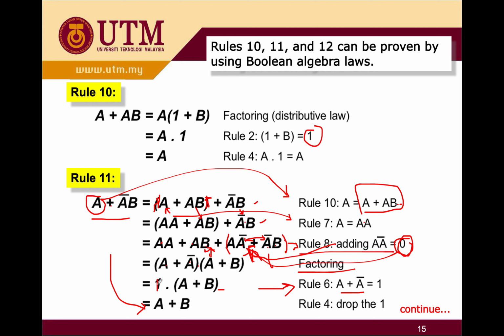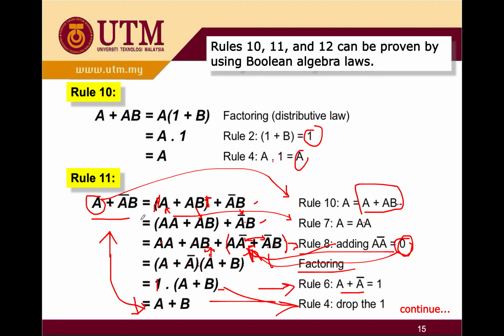So whenever you have a 1 dot a plus b, you will get something similar, which is, let me check, a dot 1 over here, rule number 4, you will get a. So this is rule number 4, and you get a plus b for this one.